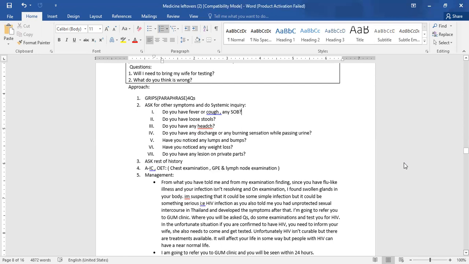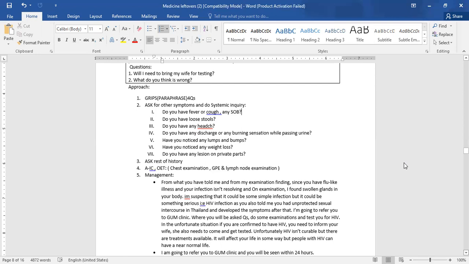So what is the suspected cancer approach? First of all, I am going to mention that the symptoms you are having might be caused by something very simple, but on the other hand, it can be something very serious, because some serious illnesses can also present in this way. So I'm suspecting that it might be some simple infection, but it could be HIV infection, as you have mentioned this and this.